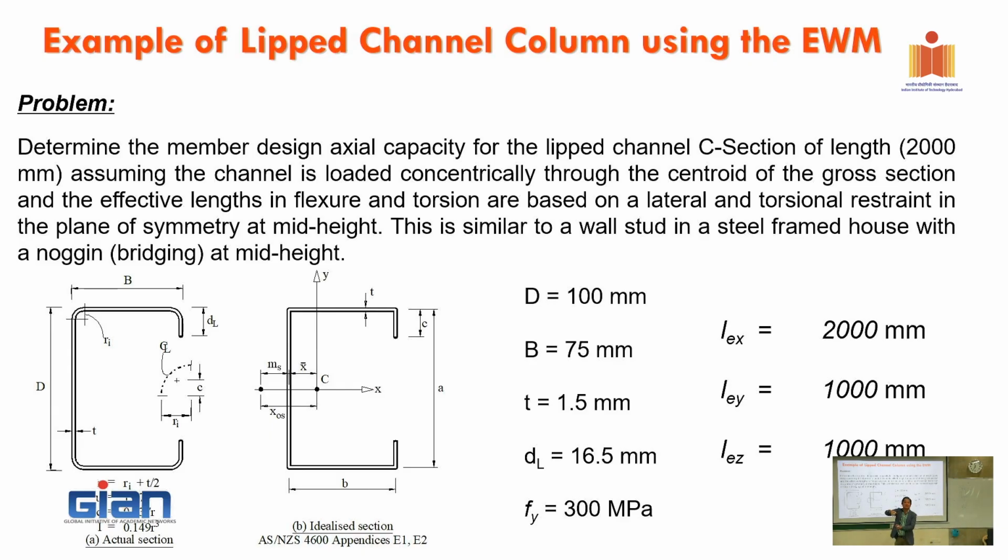So warping is another displacement. It's actually the longitudinal displacement due to the twisting. When it twists, the cross section will warp. It's going to go up and down like this, the cross section. So what I mean is, when you twist, the cross section will go like this.